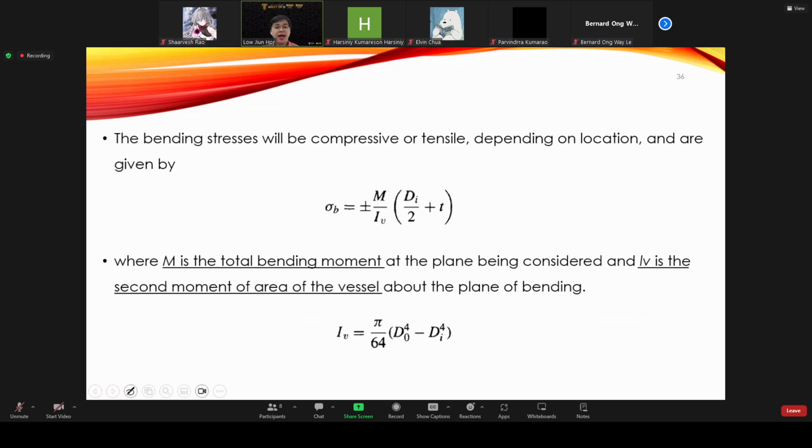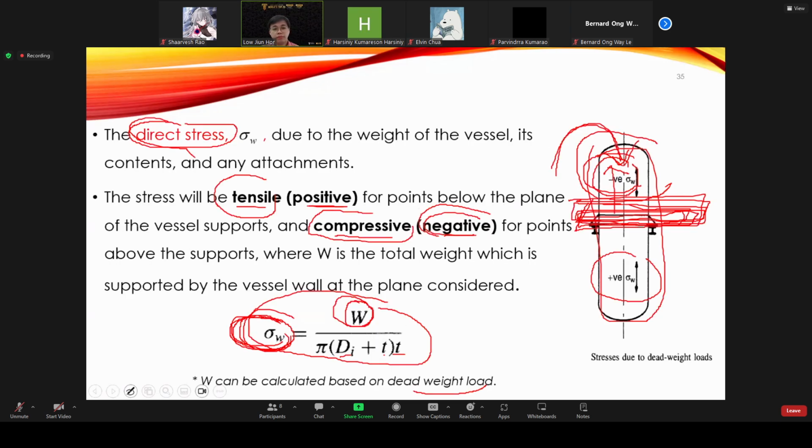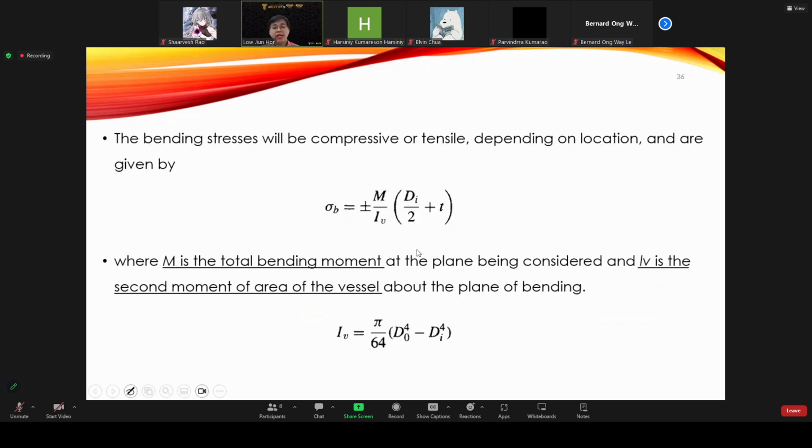Besides that, when we install the pressure vessel, we also need to consider the bending stress. Bending stress can be calculated by using the equation here. The bending stress can be compressive or tensile.